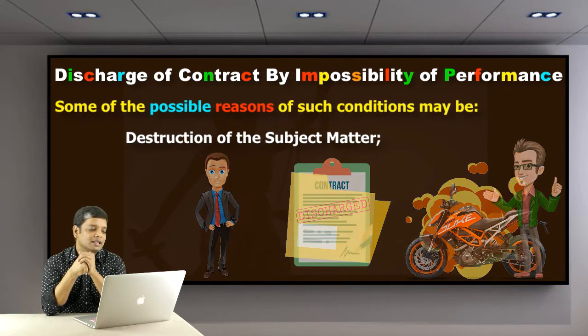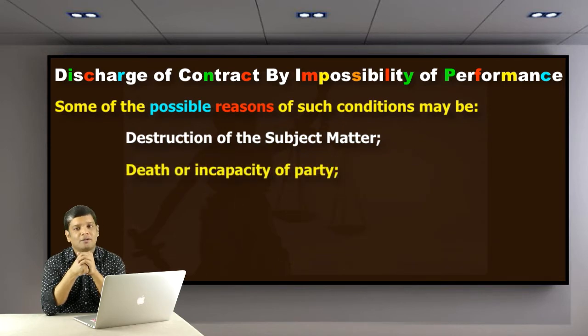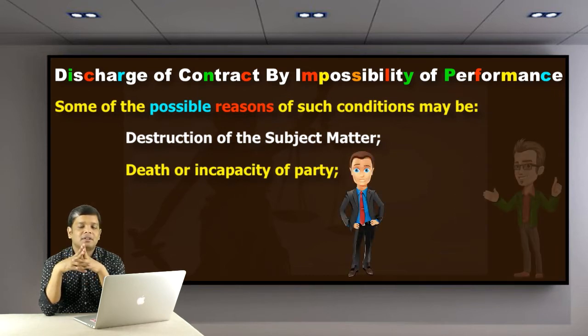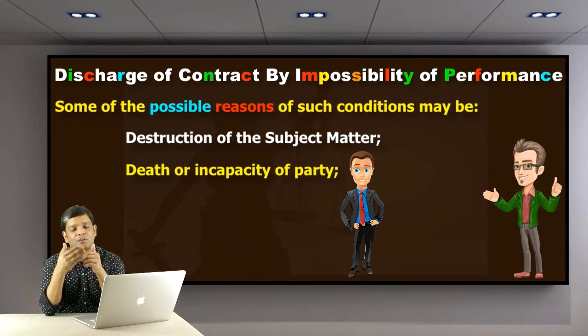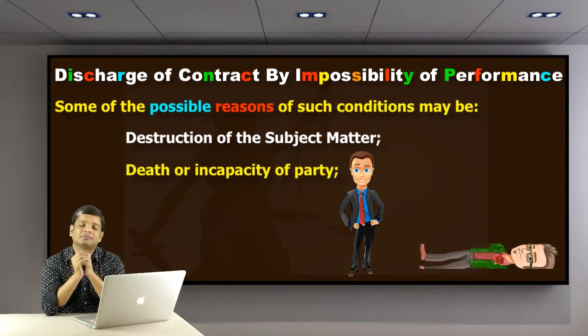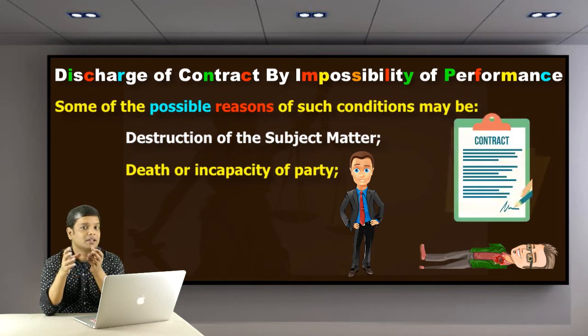Now the next one is death or incapacity of party. What does it mean? If you contracted with B and somehow before performing that obligation B died or became insane, so again in this condition performing that obligation becomes impossible, so the contract will be discharged.